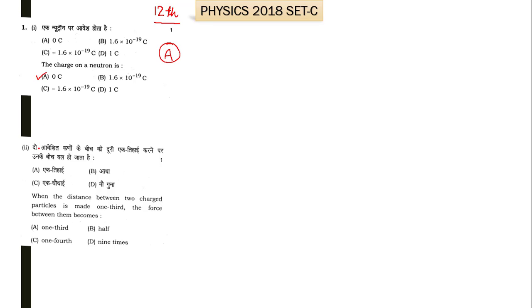Now moving towards the second part of this first question. It says that when the distance between two charged particles is made 1/3, the force between them becomes. We know that electrostatic force is inversely proportional to the square of the distance between the two charged particles. Here it is made 1/3, meaning in place of R we should use R by 3.